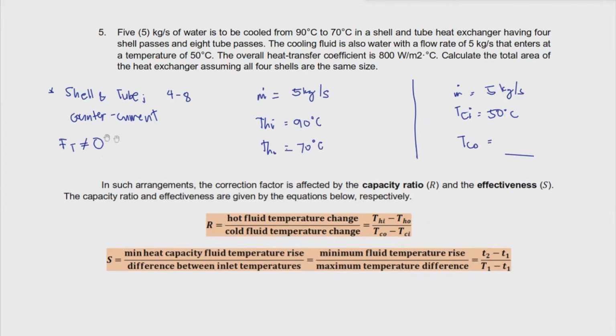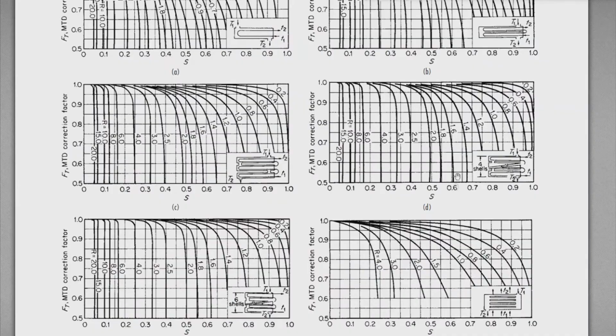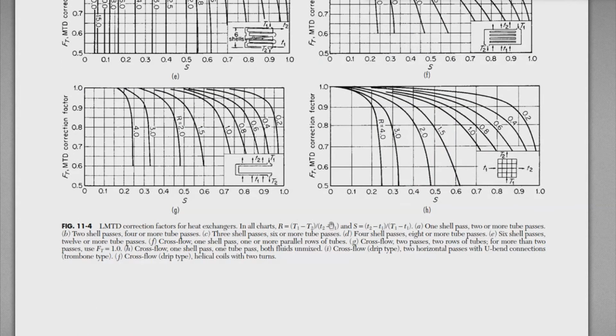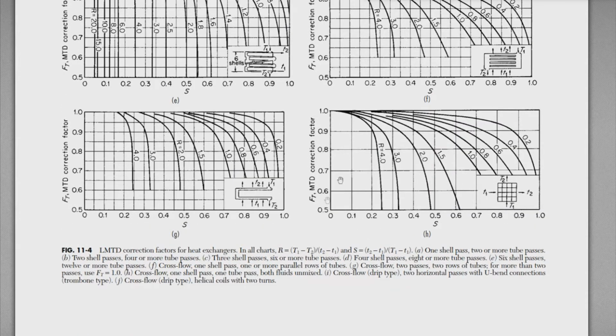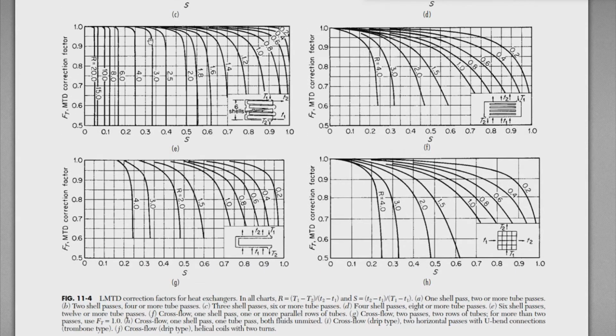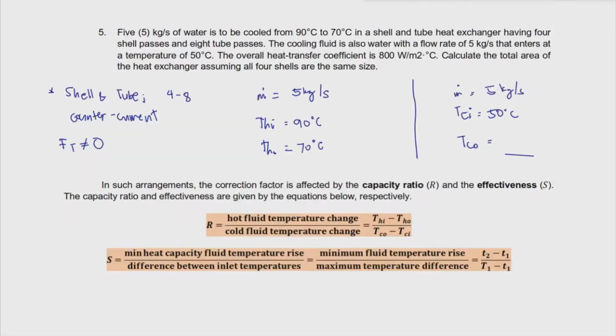But to find this Ft, we need R and S because based on this expression, the values of R and S will give us this Ft. But to do that, we need actually to determine all the temperature profiles that we have. But kung mapansin nyo, kulang tayo ng TCO.